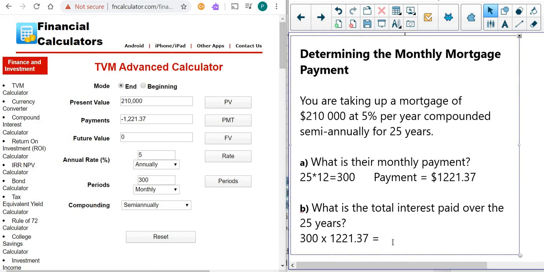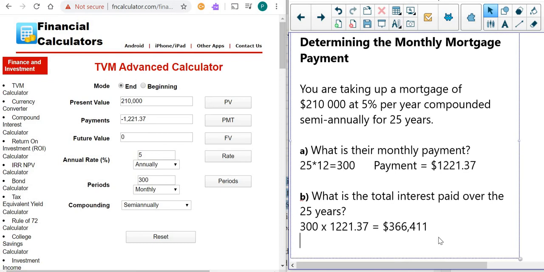So it turns out that you paid $366,411. So this is how much you paid, $366,411 for this mortgage. So what is the interest?